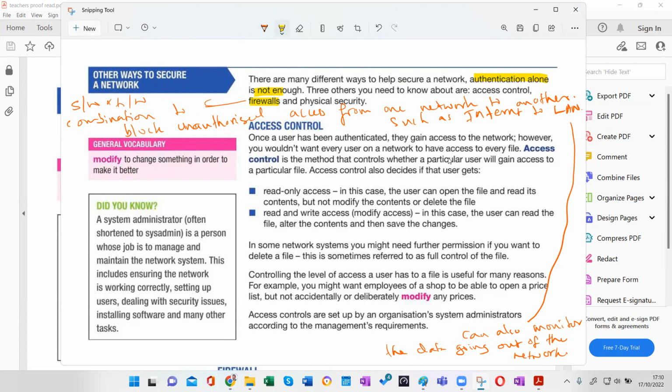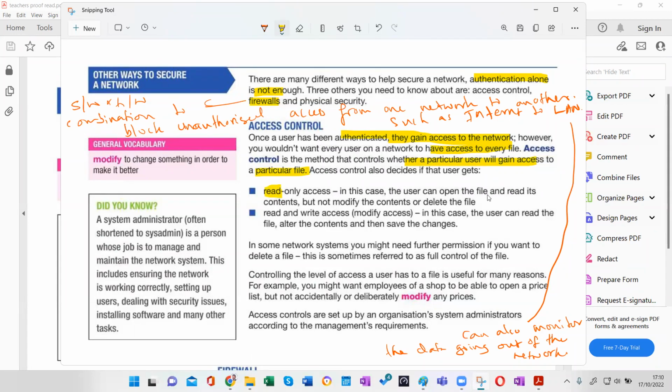Once a user has been authenticated, they gain access to the network. However, you wouldn't want every user on the network to have access to the same file or every file. Access control is a method that controls whether a particular user will gain access to a particular file. Again, as I mentioned before, you look at read permission.